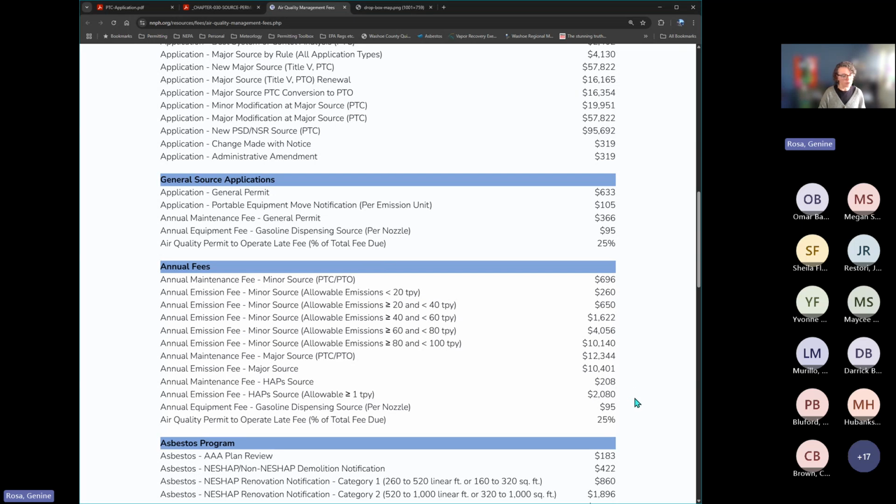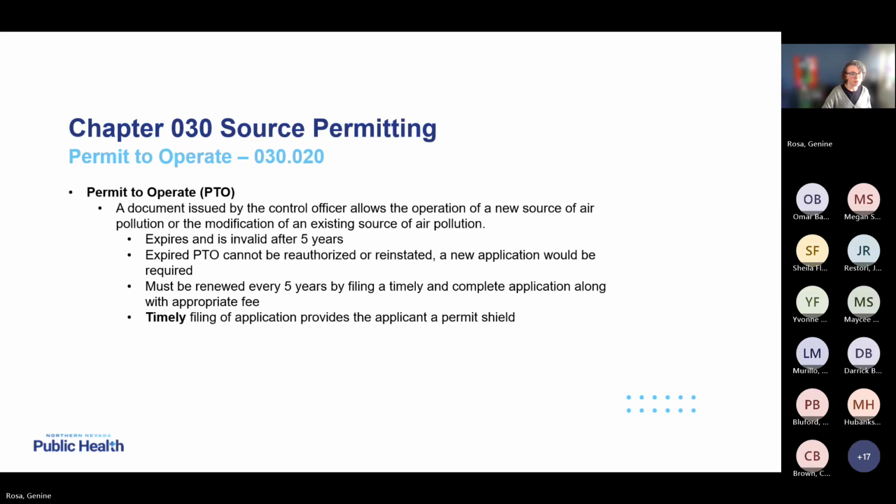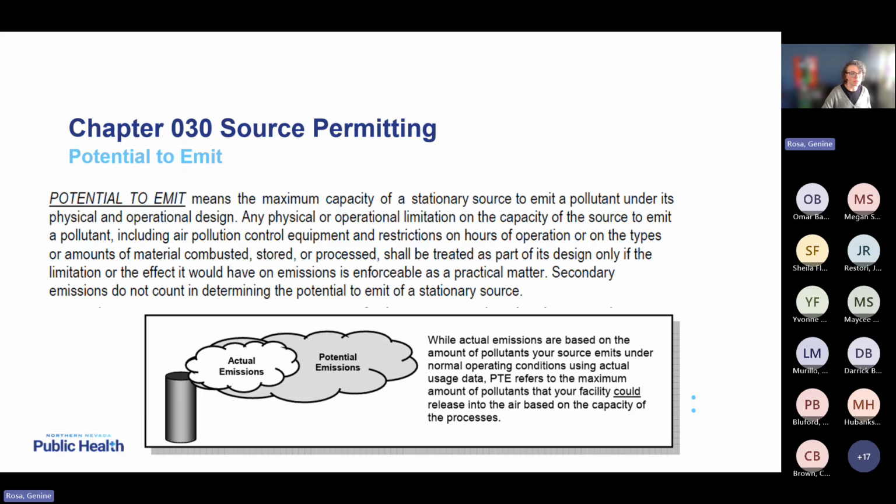We don't have a ton of those, but we do have a handful in Washoe County, so this may or may not apply to you. That's why I say that affects your fee. It's a business decision as to the amount of flexibility you want in your operations, and the fee that will result from that.